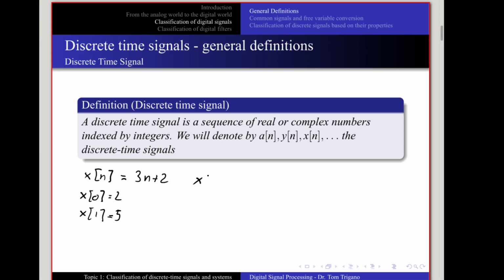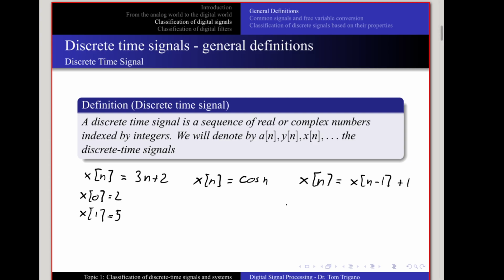This signal can be based on usual calculus functions, like cosine. You can also, by the way, define signals recursively, something like that.